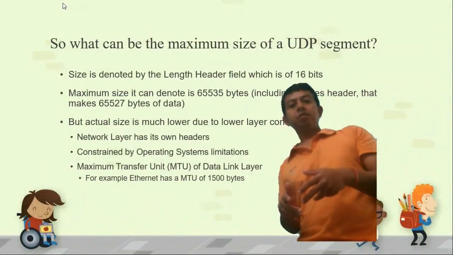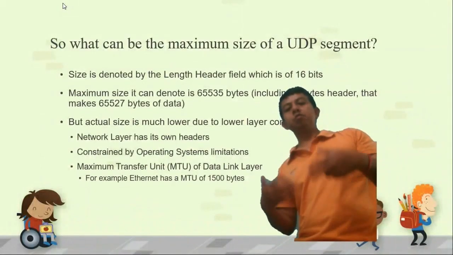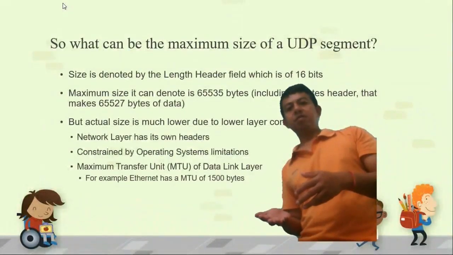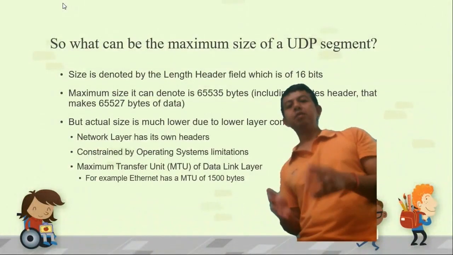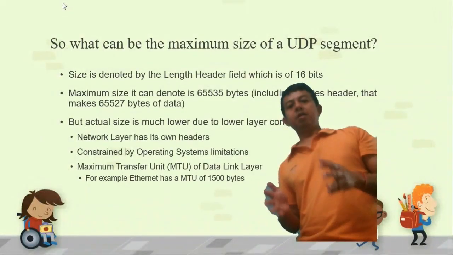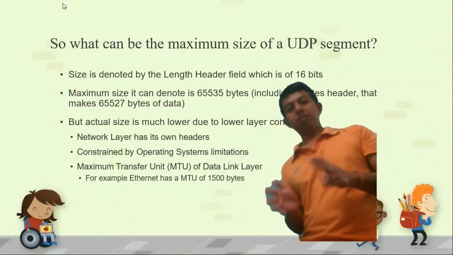Another constraint is placed by your operating system. Your operating system has its own constraints depending on its buffer size, depending on different aspects of the operating system. The size of the UDP segment is constrained by this aspect of operating systems.